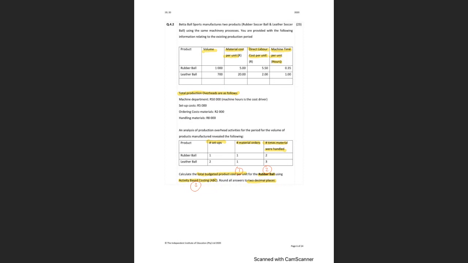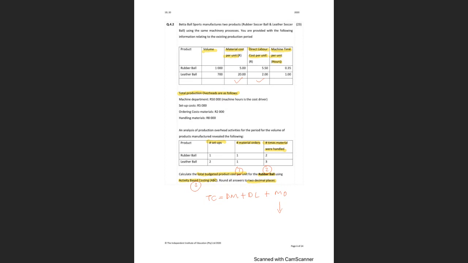The total cost is calculated as the sum of your direct material, your direct labor, and your overheads. Now we know that the material and the labor costs have been provided to you. All you're going to do is determine the overheads. And for the overheads, we have to follow the 5 steps of your ABC method.